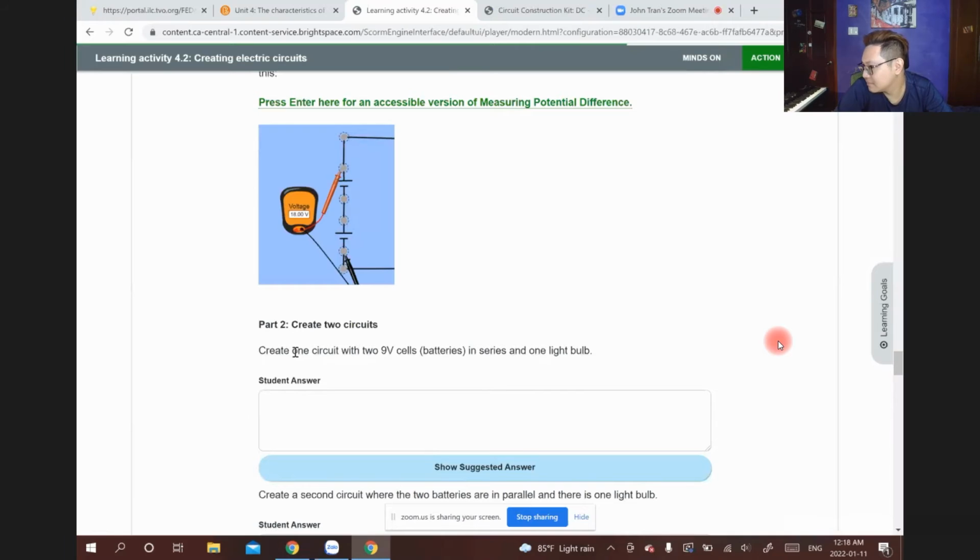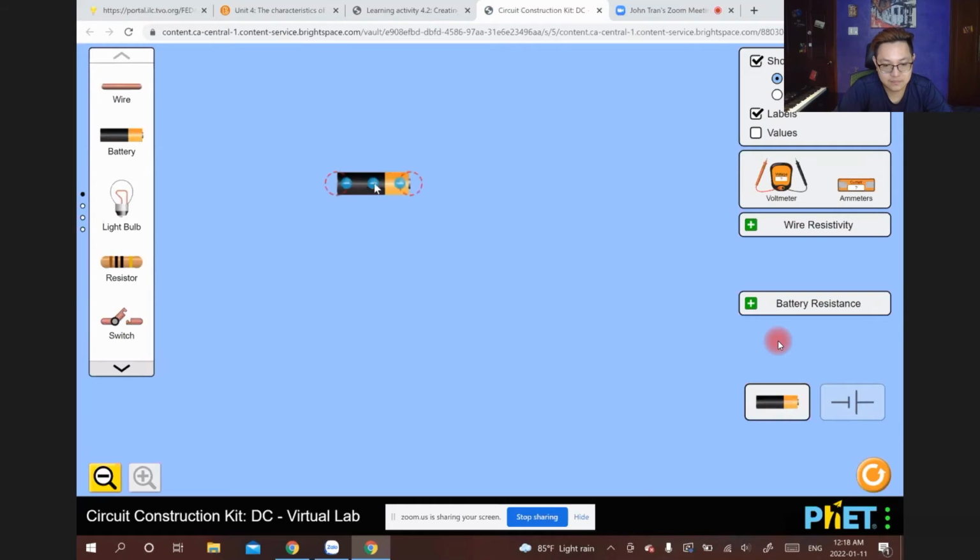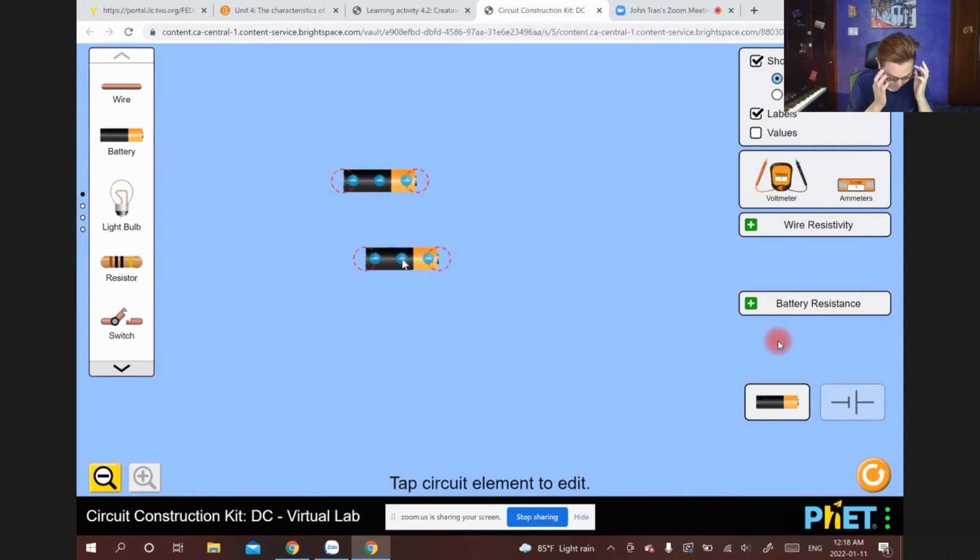Number 2, create two circuits. Create one circuit with two 9V cell batteries in series and one light bulb. Okay, battery, 9 volt, and one light bulb.